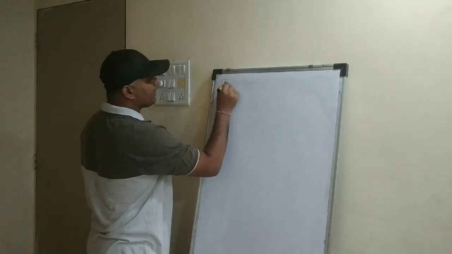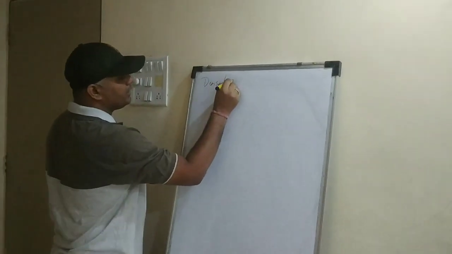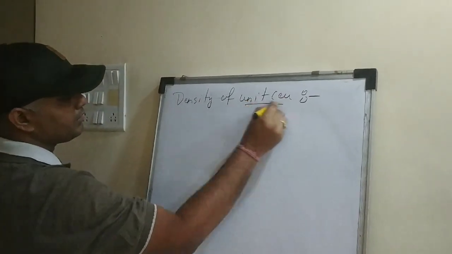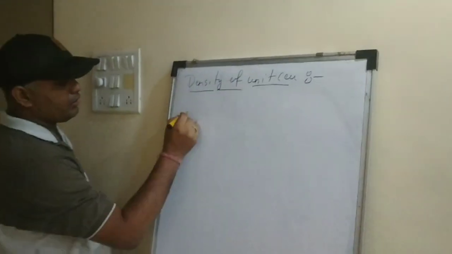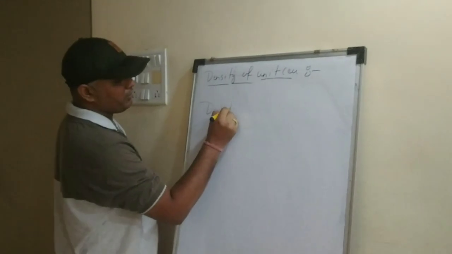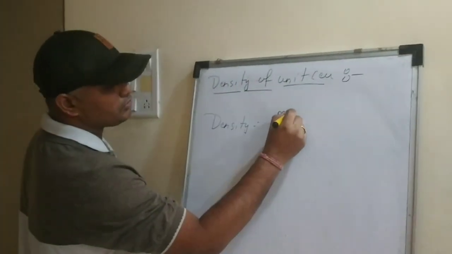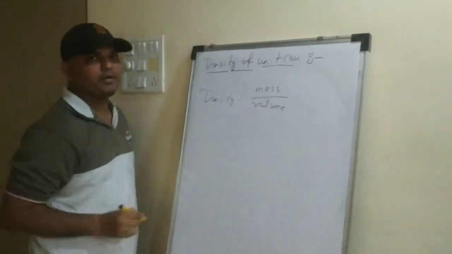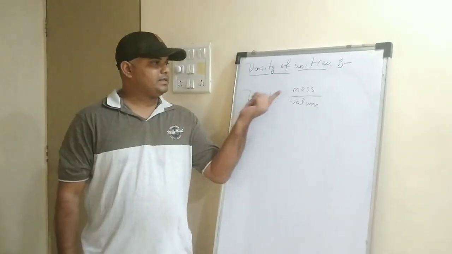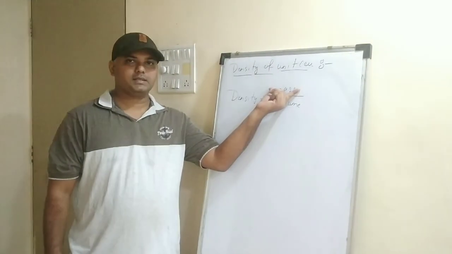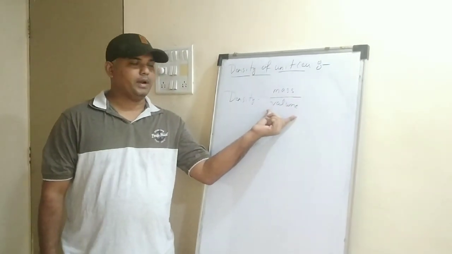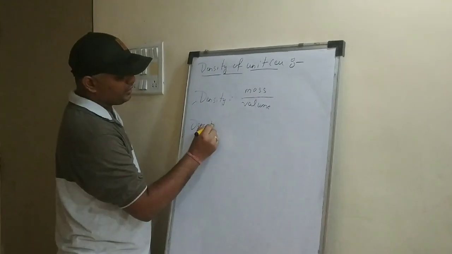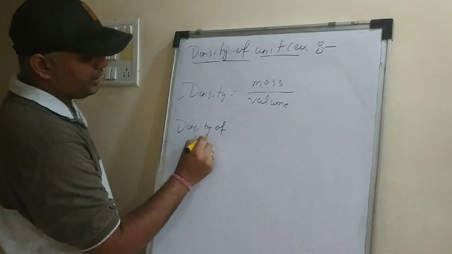So first we will do the calculation for the density of a unit cell. So what is density? You all know what density is. The simple formula of density is mass upon volume, right? But we are talking about the density of a unit cell.